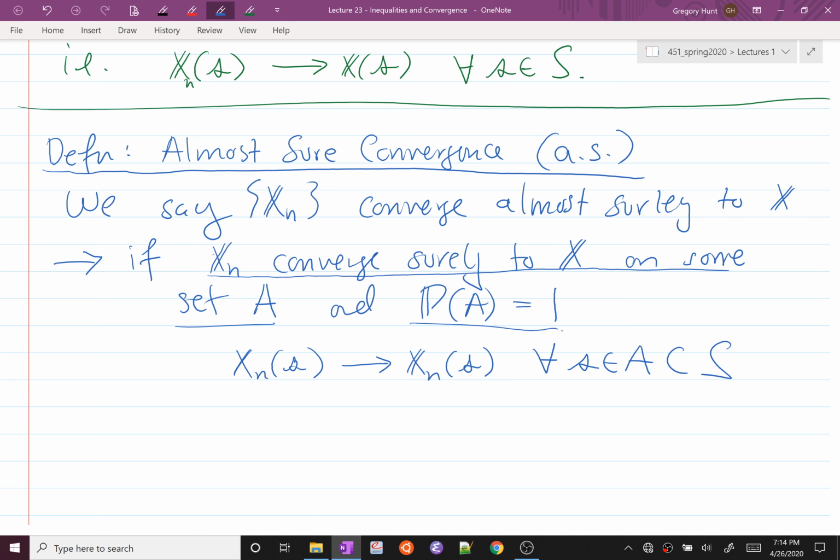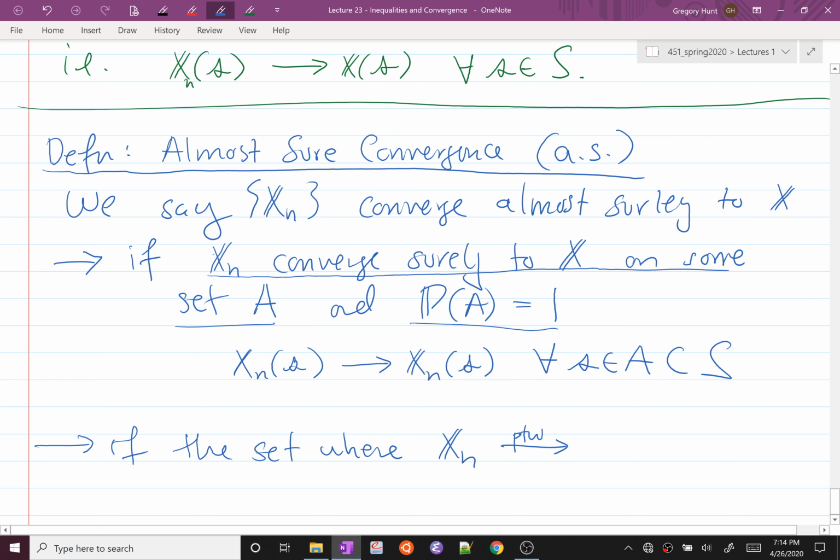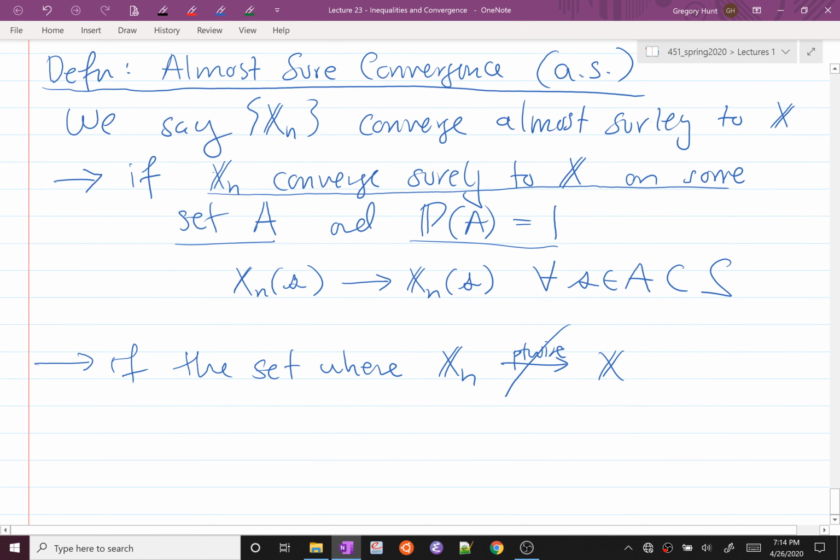So the other way of thinking about this is that if the set where X_n does not converge pointwise, or surely, to X, is some set E, a subset of the sample space, and the probability of E is 0.